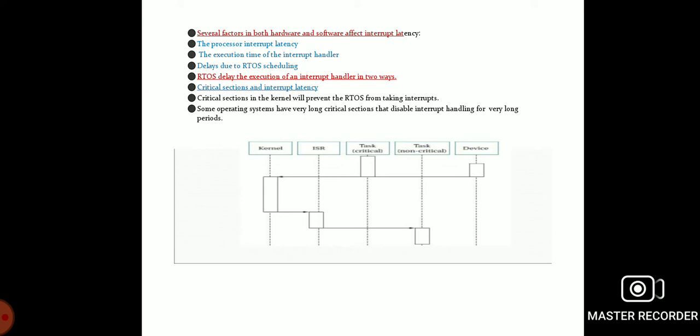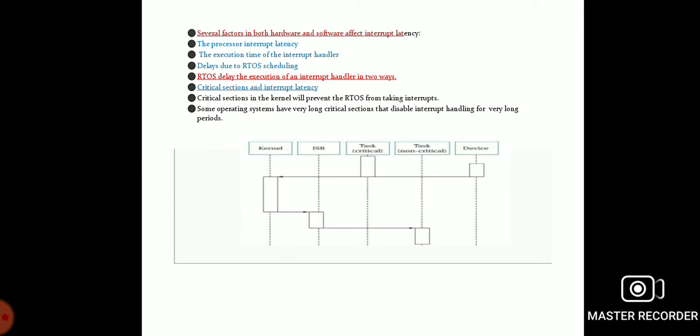Now the critical section and interrupt latency. A critical section in the kernel will prevent the real-time operating system from taking the interrupt, and some operating systems have very long critical sections that disable interrupt handling for very long periods.